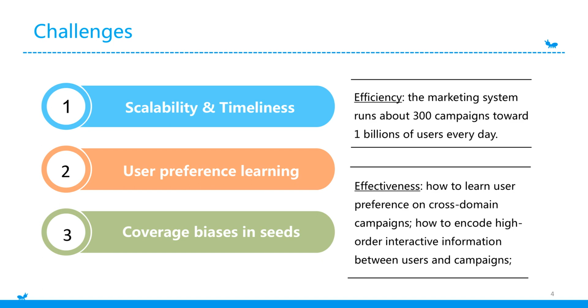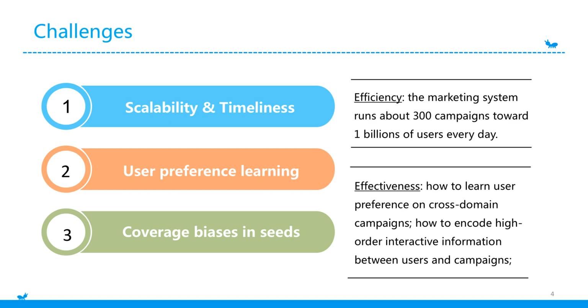In order to promote the mobile financial services like Ant Insurance, Ant Credit, Ant Cash, and so on, the marketing system needs to run about 200 campaigns toward 1 billion users every day. Training an end-to-end model for each campaign is extremely resource-consuming and impractical. In this paper, we adopt an online-offline two-stage approach.